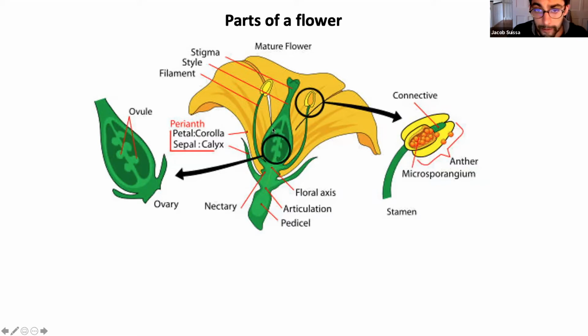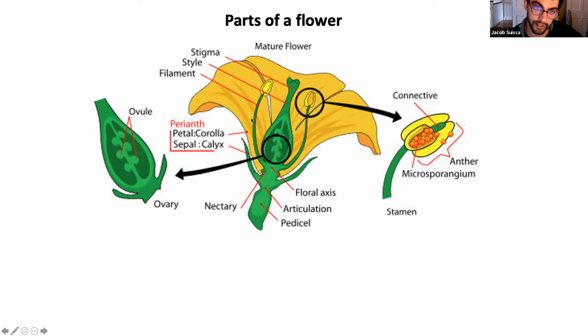Generally what we think of as the most showy parts of the flower, although that's not entirely true in every flower, are the perianth whorls. As you can see here, there are two whorls in the perianth. There are the petals, which together form the corolla. One petal is one petal, but if you're talking about the whole petaloid structure with all the different petals, then it would be termed the corolla.